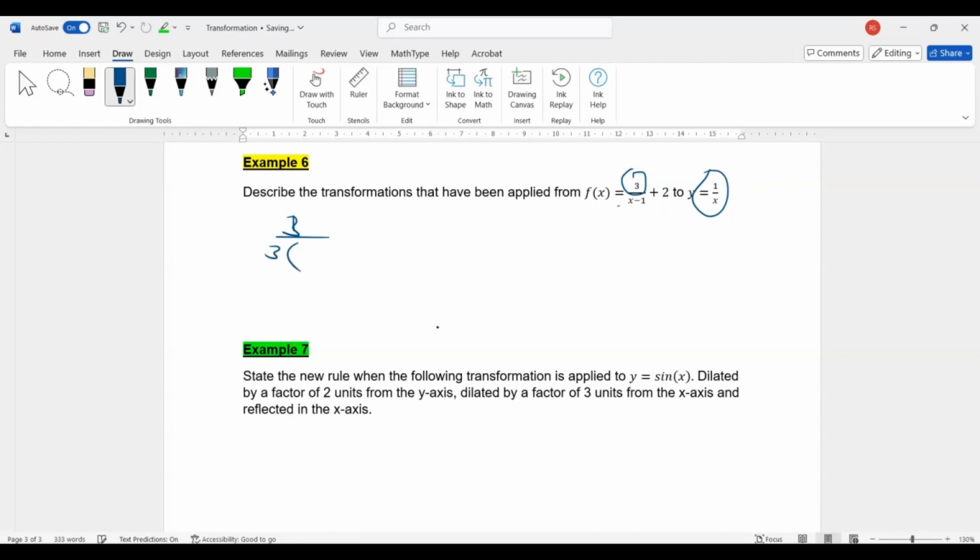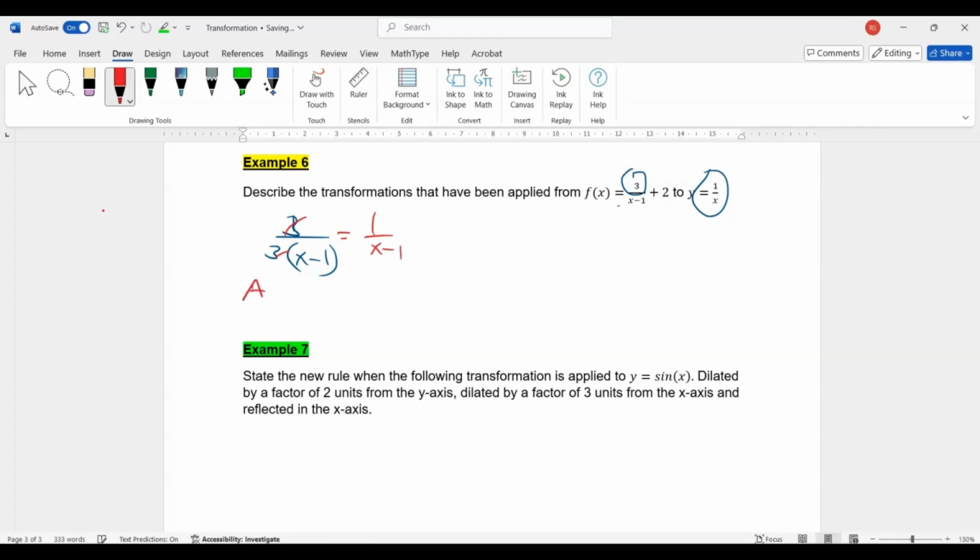So 3 there, x minus 1, so that cancels out. Just get a different color. So a dilation factor of 3 units from the x-axis, so that is what I'll end up getting.